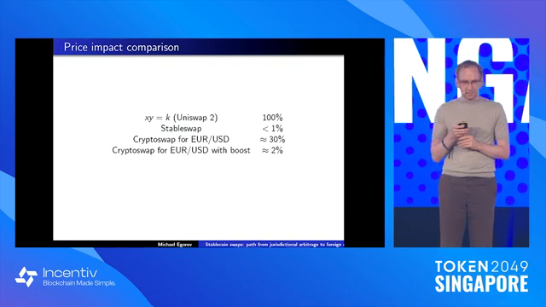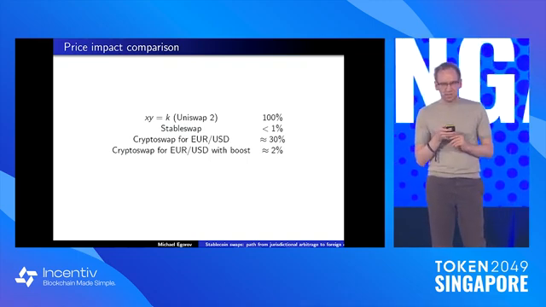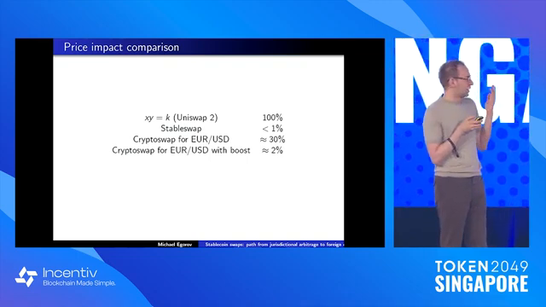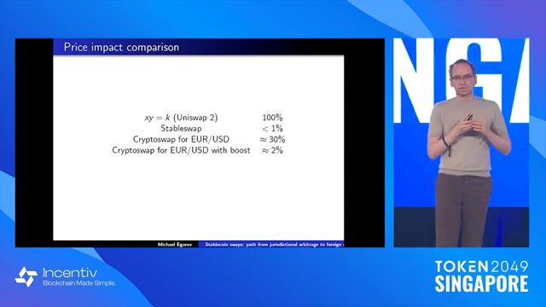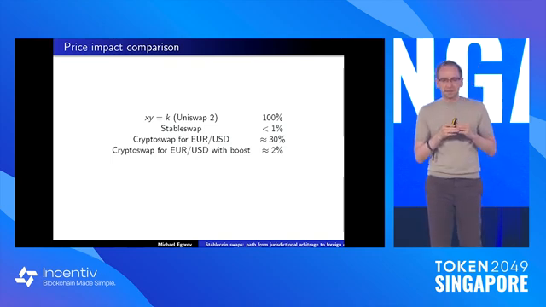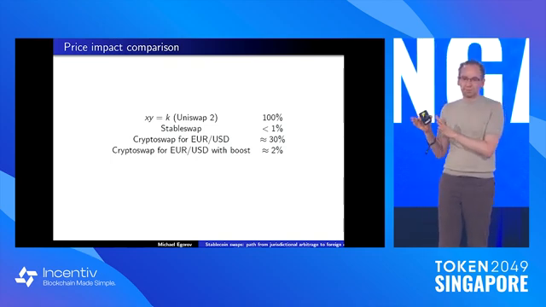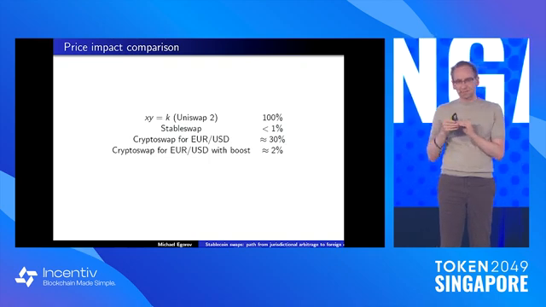It appeared that if the price impact in a naive xy equals k invariant is taken as 100%, well, you want to have the price impact as small as possible.